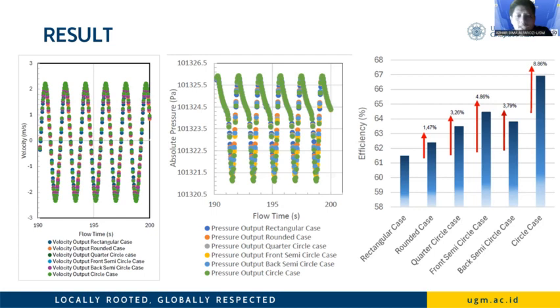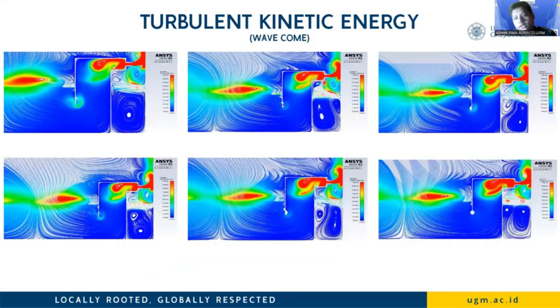The biggest increase in efficiency was in the modification of underlip, the circle case model, with an increase of 8.86%. To find out what's going on and how the underlip modification is able to improve efficiency, we use the contour.